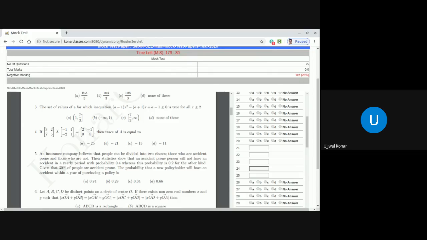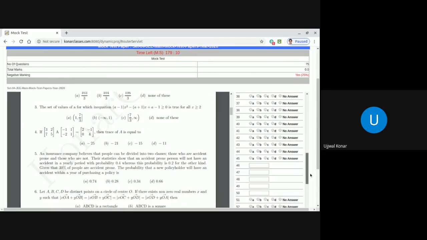Out of these 25 questions in physics, 20 are MCQ with single option correct, and from 21 to 25, these are integer type questions. That's why you see till 20 you need to choose, and after 21 you need to write the integer value of that answer.